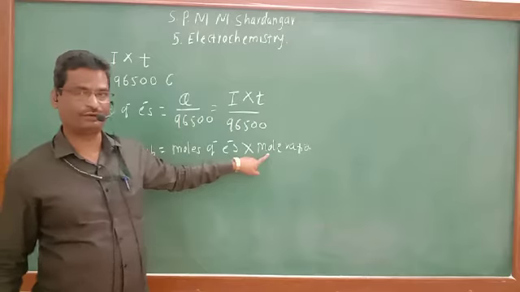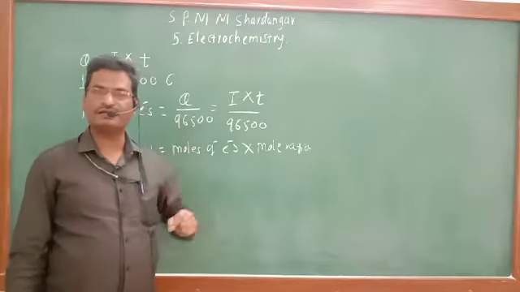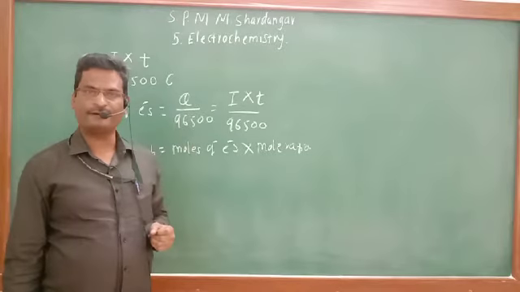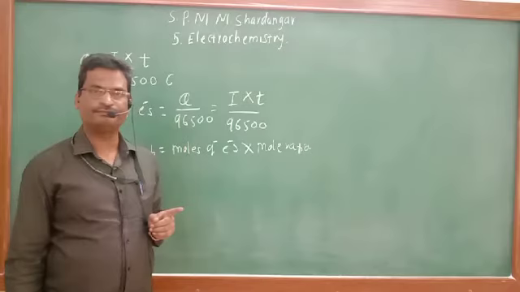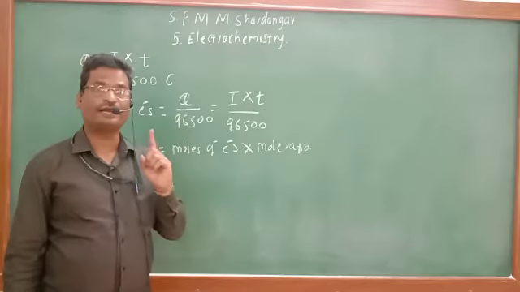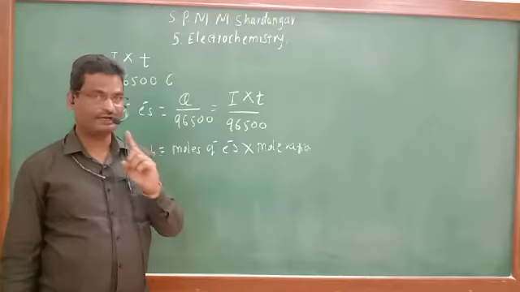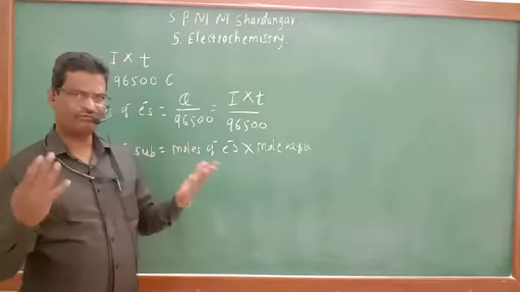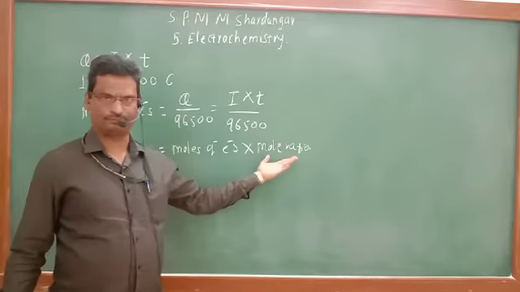It is very simple to calculate the mole ratio, because the mole ratio is nothing but the moles of substance deposited divided by the moles of electrons. 4 examples we have studied. It is very simple to calculate the mole ratio.